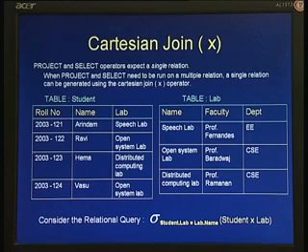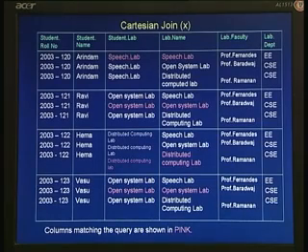Let us have a look at the student and lab tables from the previous example. The student table has 4 different tuples and the lab table has 3 different tuples. Now the Cartesian join operator initially generated 4 times 3, that is 12 different tuples as input to the select operator. On the other hand, the theta join operator starts with the condition that student.lab equal to lab.name is a prerequisite for computing the join between the 2 tables.